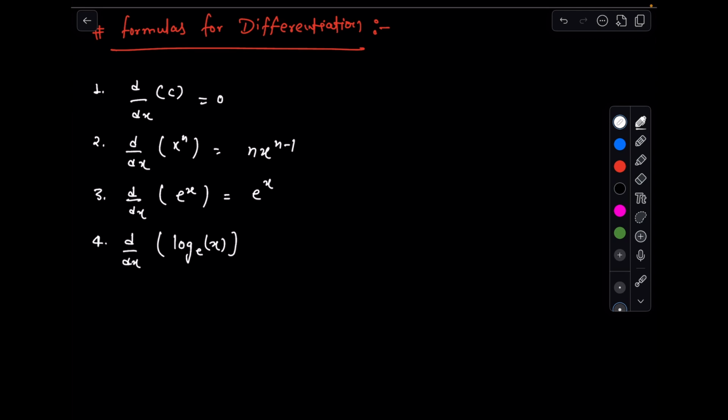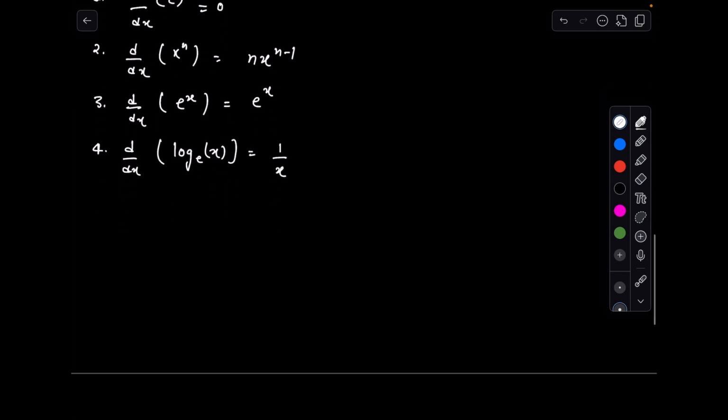You can learn about this function, it is a very interesting function, and especially in physics many places will use log. So differentiation of log base e of x is 1 by x. Then d by dx of a to the power x is a to the power x log e a.